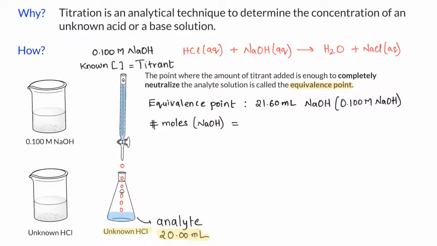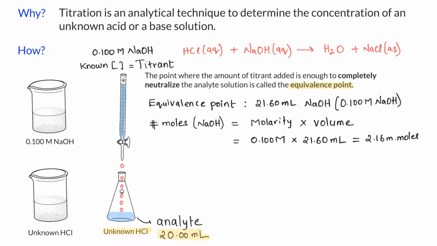The number of moles of sodium hydroxide required to neutralize the hydrochloric acid can be calculated by multiplying the molarity of sodium hydroxide with volume of sodium hydroxide. If we calculate that, we get the number of moles of sodium hydroxide is 2.16 millimoles.